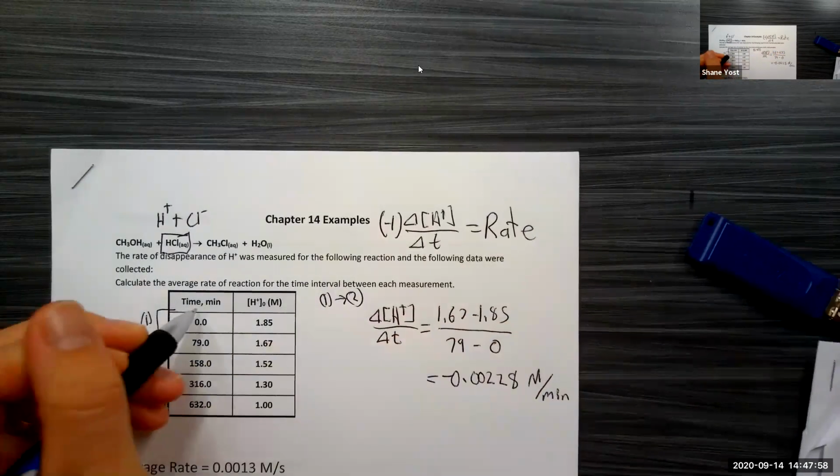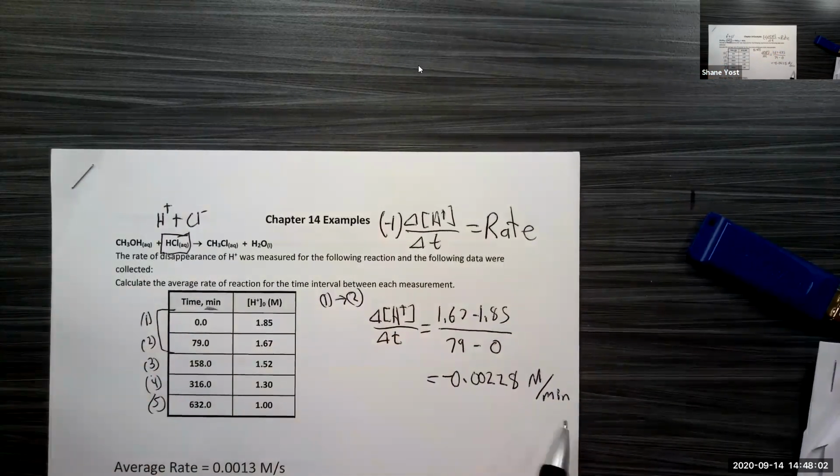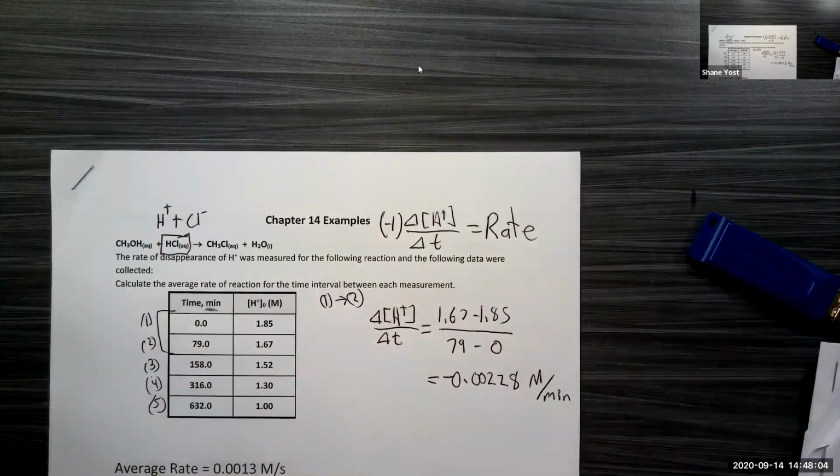In this case, the time is given in minutes, and so the time here is per minute. I can convert it to seconds by dividing by 60, but I'll just leave it in minutes because that's what's given.